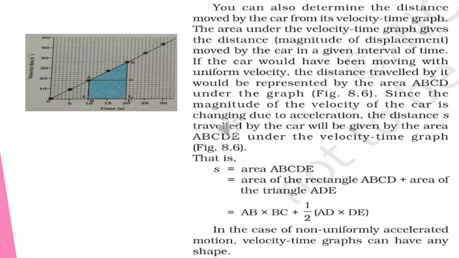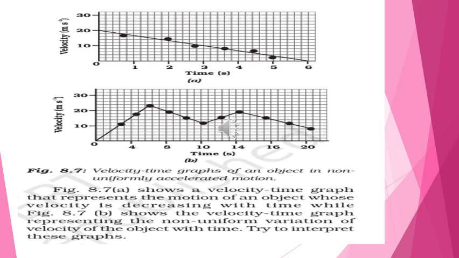In the case of non-uniformly accelerated motion, the velocity time graph can have any shape because it depends upon the velocity, increasing, decreasing, steady or whatever it is. Therefore, the shape is not fixed. See here, both the graphs represent the objects moving in non-uniformly accelerated motion.